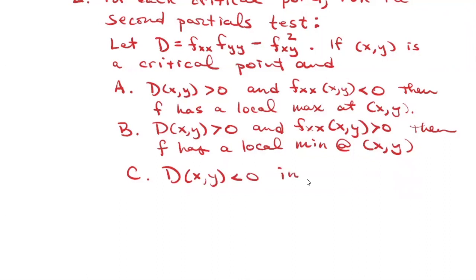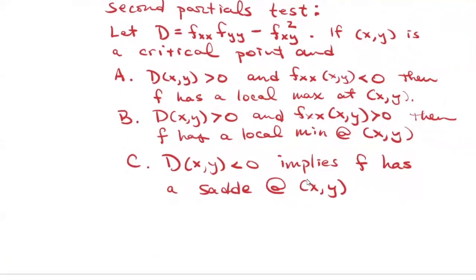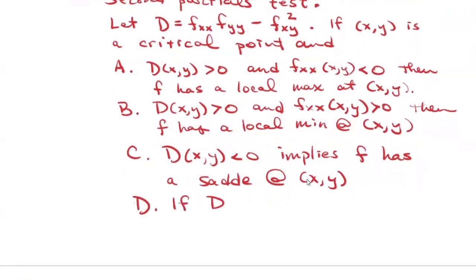It implies that f has a saddle point at (x,y). Finally, D, if D at (x,y) is equal to 0, the test yields no conclusion.